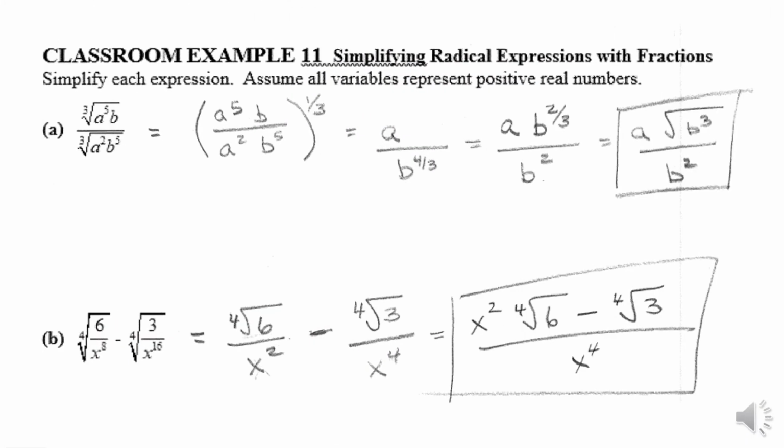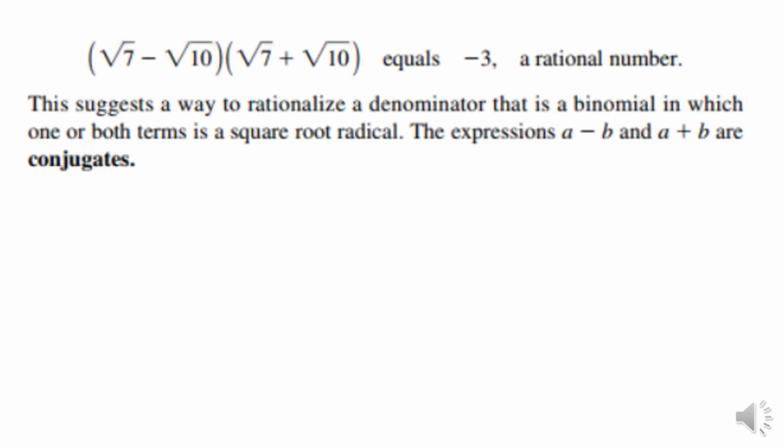Check your answers. The last example is going to involve simplifying an expression where you have a radical in the denominator. Again, we're going to take advantage of the fact that if we take a minus b times a plus b, we'll make that into a rational number, and these are called conjugates of each other.